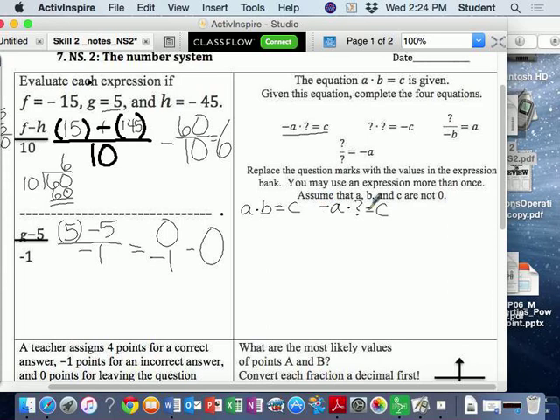So in this case, we know that we will need a negative value of B to get a positive C.